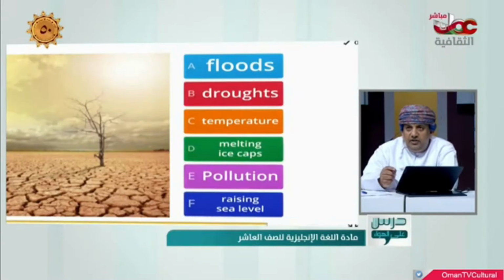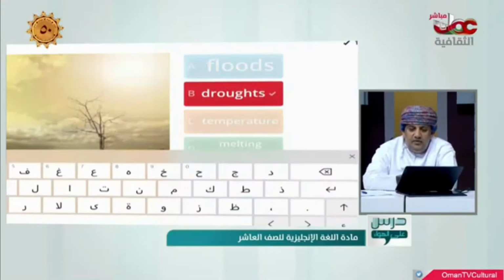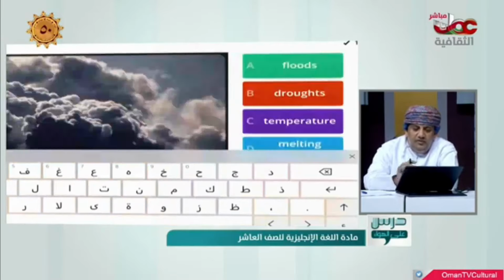So the first picture, what can you see here? Is it A, B, C, D, E, or F? I think it's drought. Yes? Now let's look at picture number 2. What is it?